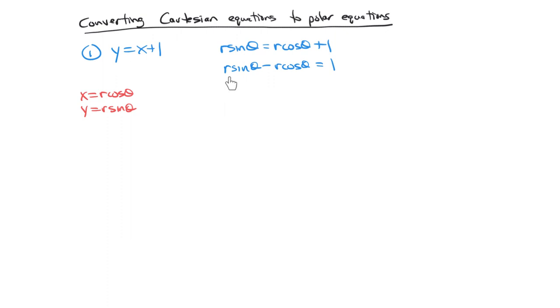Once we have these on the same side, we can factor out an r. So you factor out an r and we get r times sine theta minus cosine theta equals 1. Then, of course, I divide. So I'm going to get r equals 1 divided by sine theta minus cosine theta, which is kind of an ugly way to say this, right?